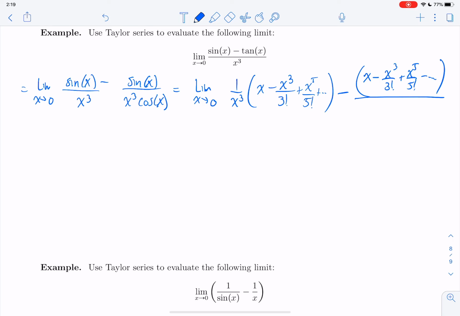And the bottom is an x cubed times a cosine, which is a little different. That's 1 minus x squared over 2 factorial plus x to the 4th over 4 factorial, etc.